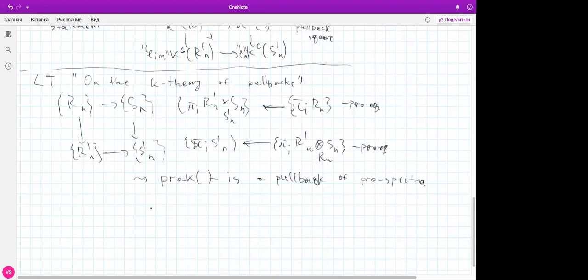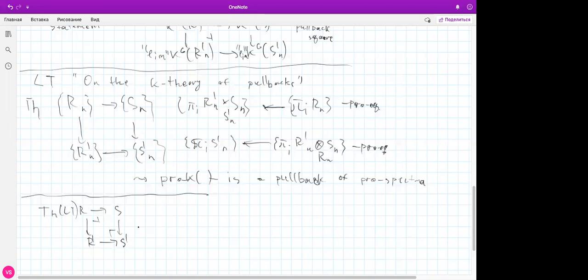And the first step for proving this kind of result that they do in their paper is the following. You have this commutative square of rings, and you have these conditions on the nose without any pro assumptions. Then usual K-theory sends it to a pullback.